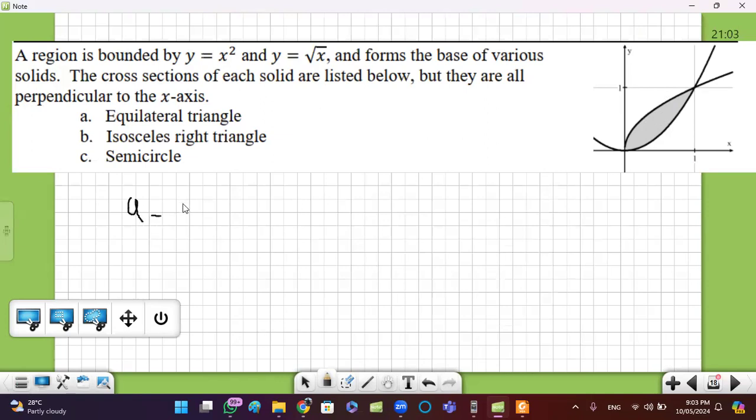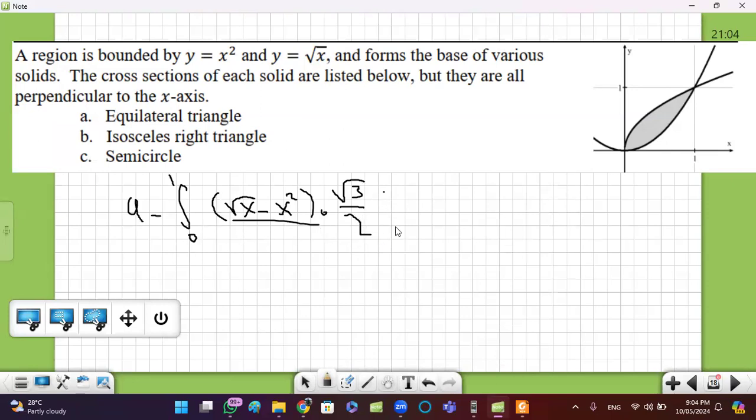Number A, integral from 0 to 1, this is root x minus x squared, multiplied by root 3 over 2, the same value. Correct?